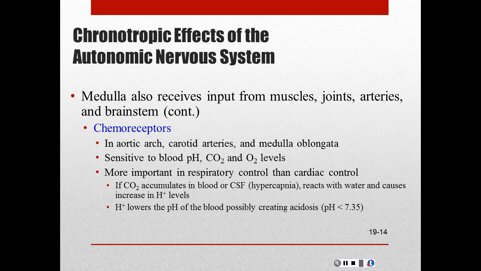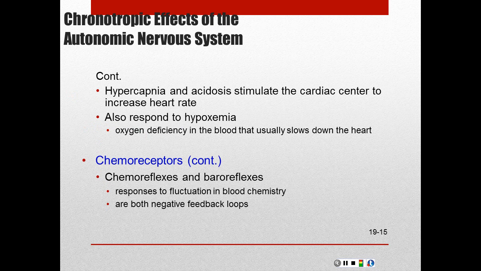Also, we have hypercapnia, which is an excess of carbon dioxide, and acidosis. They lead to an increase in heart rate, and hypoxemia, which is a deficiency of oxygen, leads to a drop in our heart rate. Now, responses to fluctuations in blood chemistry and pressure are called chemoreflexes and baroreflexes.